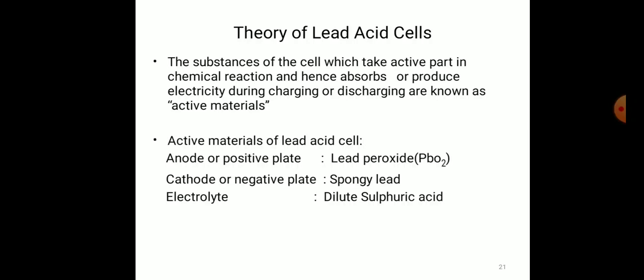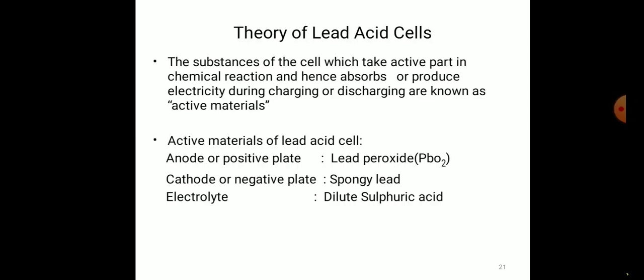In the lead acid cell, the active materials are: the anode or positive plate, which is made up of lead peroxide; the cathode or negative plate, which is made up of spongy lead; and the electrolyte, which is dilute sulfuric acid.